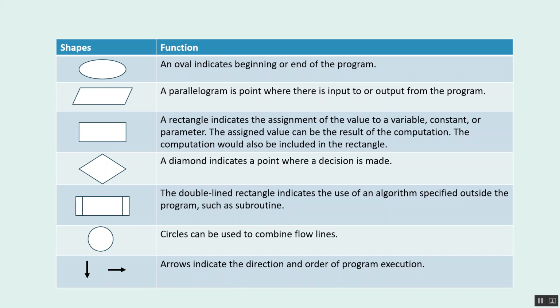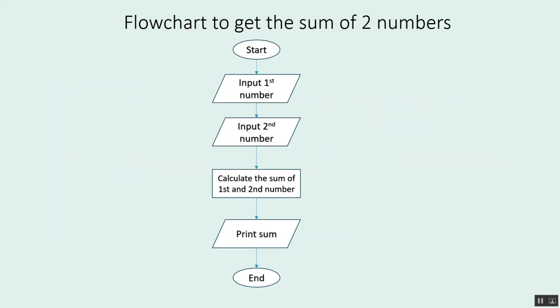So we use these arrows to create a routine, or let's say a direction of the program. After the shape, or the decision, the arrow shows where it will go next. So we use arrows to point to the next shape to be executed.